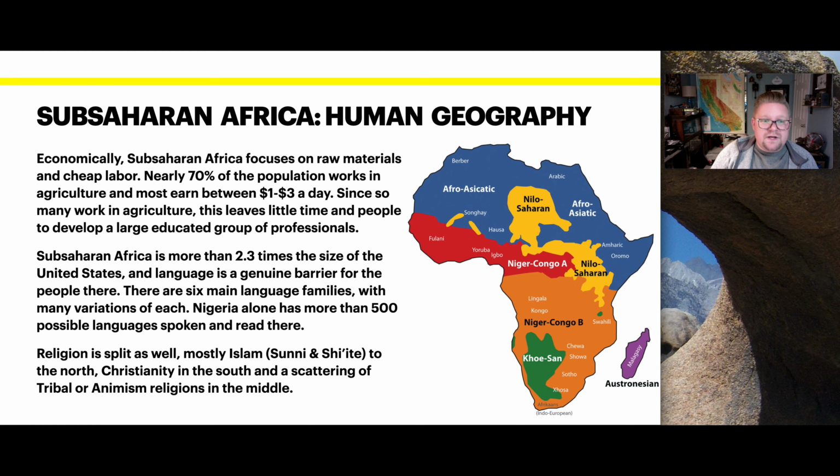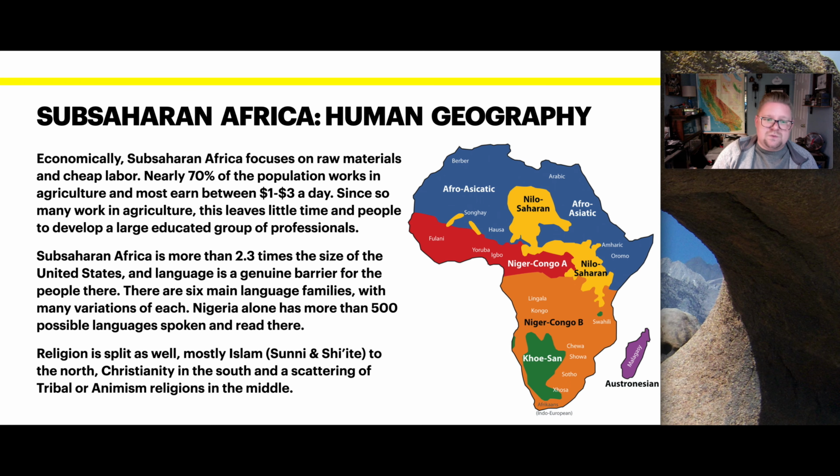Sub-Saharan Africa is more than 2.3 times the size of the United States, and language is a genuine barrier for the people that live there. There are 6 main language families with many variations of each. Nigeria alone has more than 500 different languages spoken and read there.